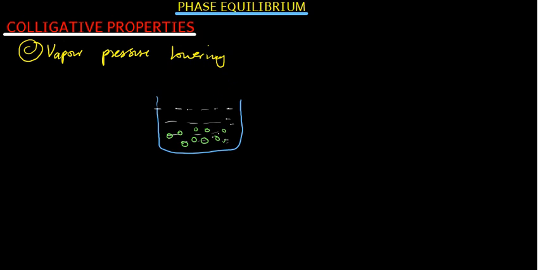How do we get to find the vapor pressure? Now, if you have the solution, liquid water itself has got its own vapor pressure. Pure water has got its own tendency of changing into a gas.